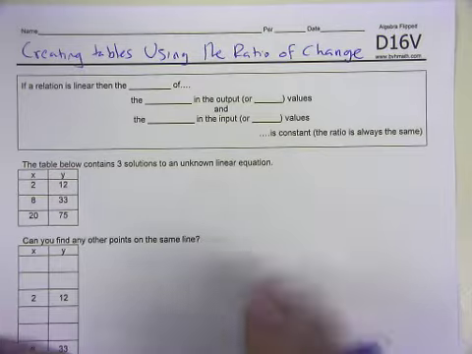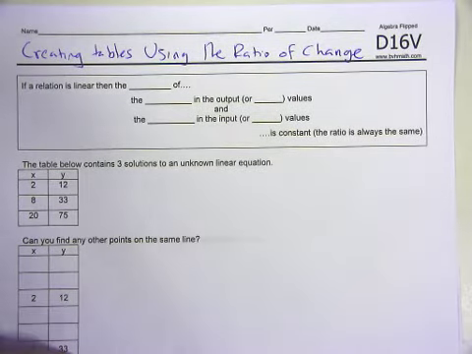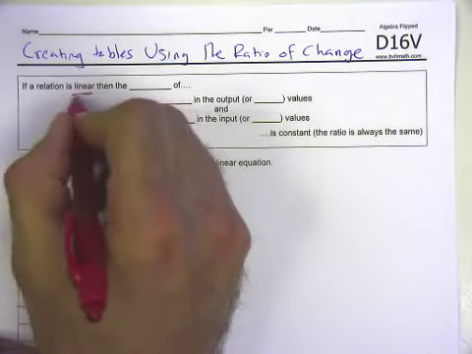So the first thing to remember is what it means for something to be linear.